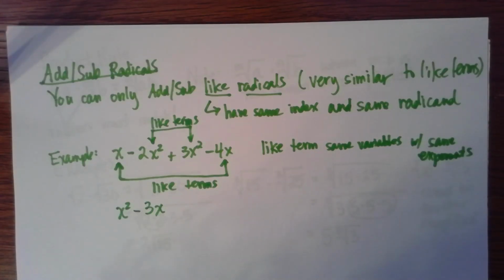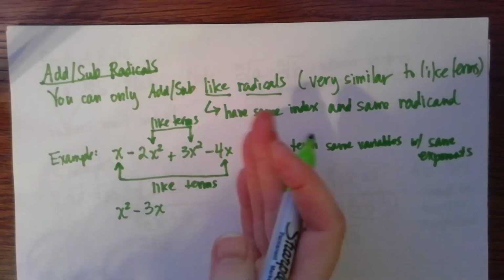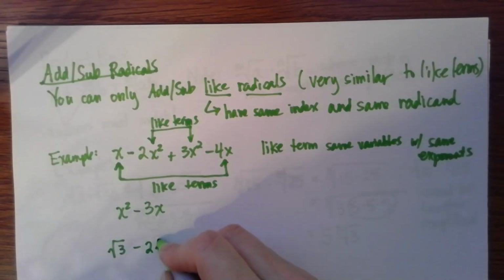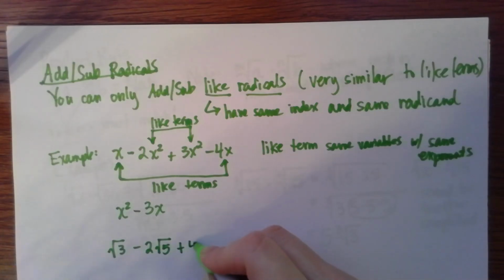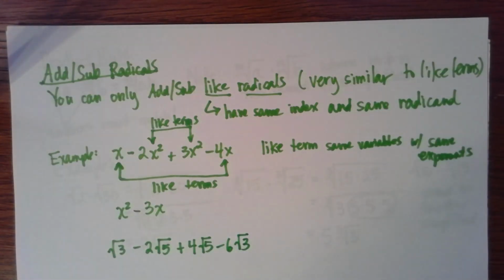So very similar idea with like radicals. Just like with like terms, let's say we had the square root of 3 minus 2 square root of 5 plus 4 square root of 5 minus 6 square root of 3. Now I'm looking for like radicals.